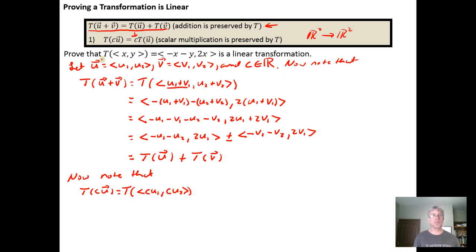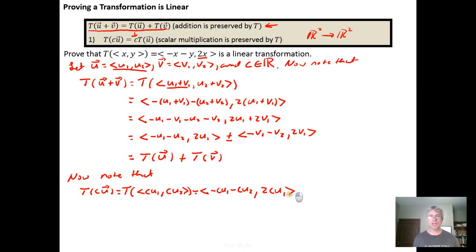Now apply the transformation to this vector. We take the opposite of the x component, so minus c u sub 1, minus the y component, so minus c u sub 2, comma, and then the second component we double the x component, so twice c u sub 1.